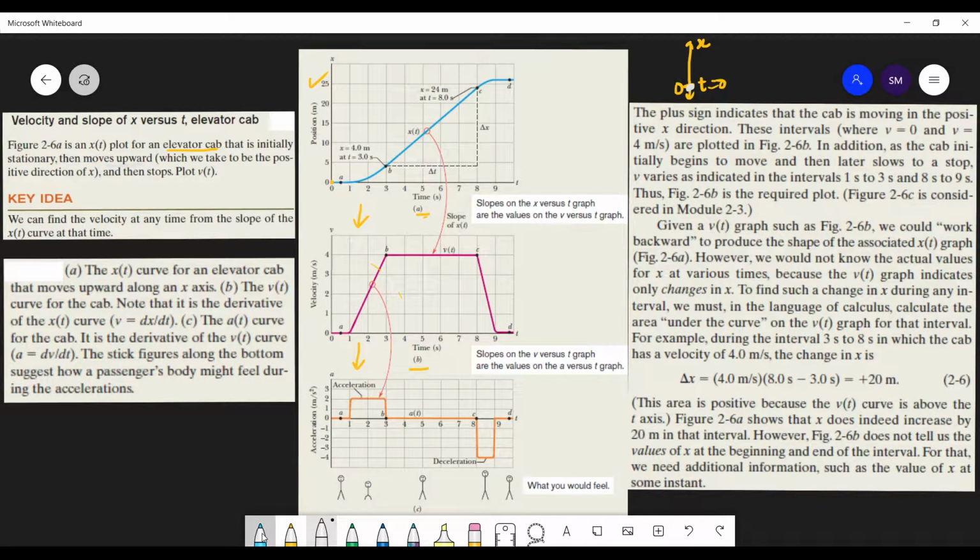As I already told you, we take the direction of motion as the positive direction. So it moves upward, and obviously it is going to stop at some point. So start and stop.